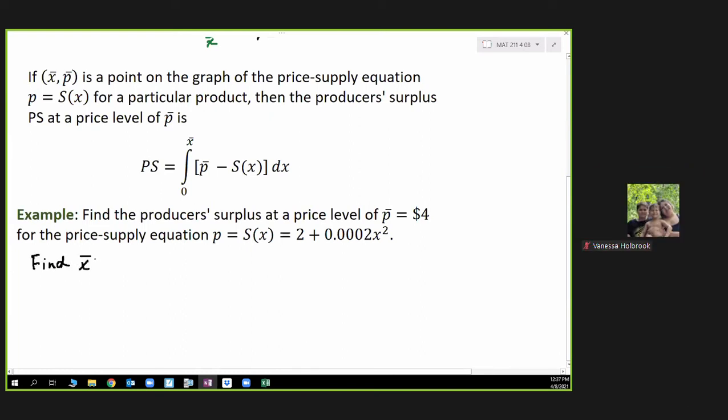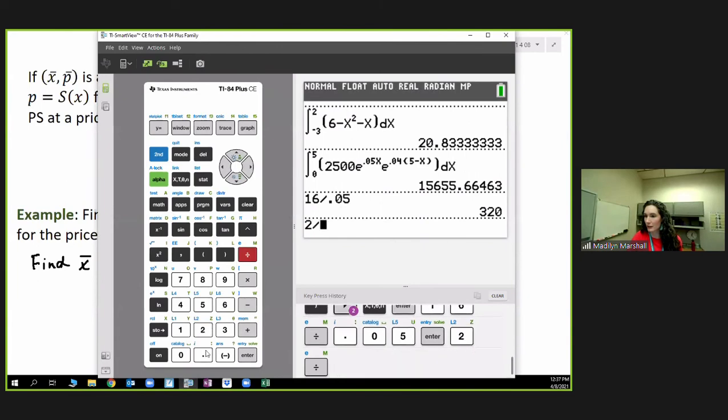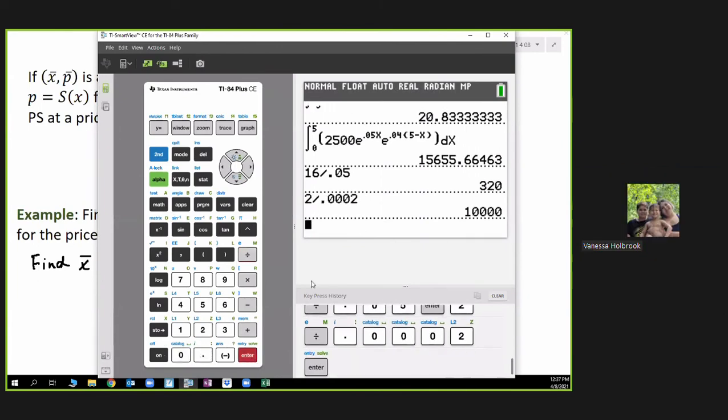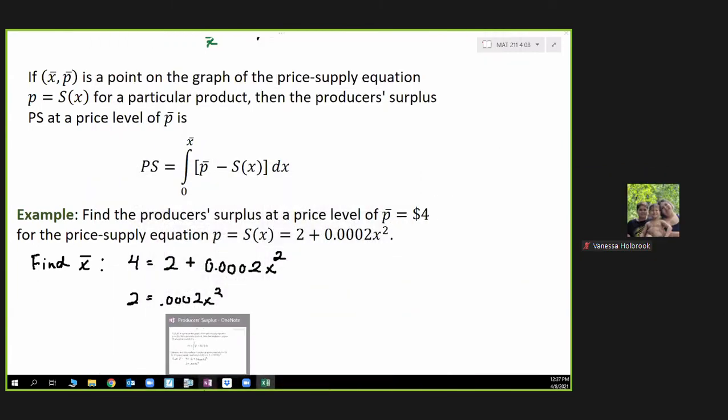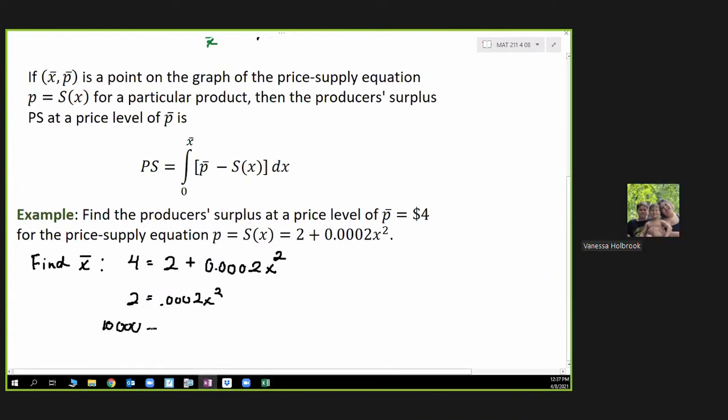So we subtract 2. 10,000. Then square root, 100.